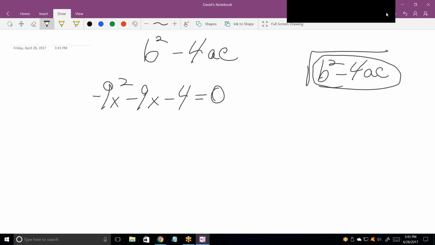And it depends on whether this number, the discriminant, is greater than 0, less than 0, or equal to 0. So what is it in this case? What is b squared minus 4ac equal to? 81 minus 144, which is negative 63. Hold on.